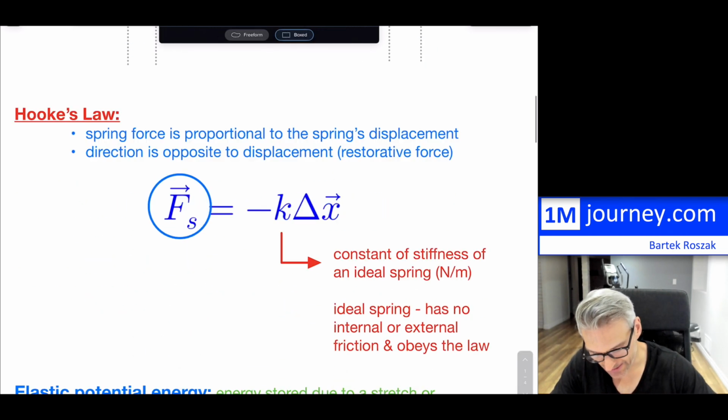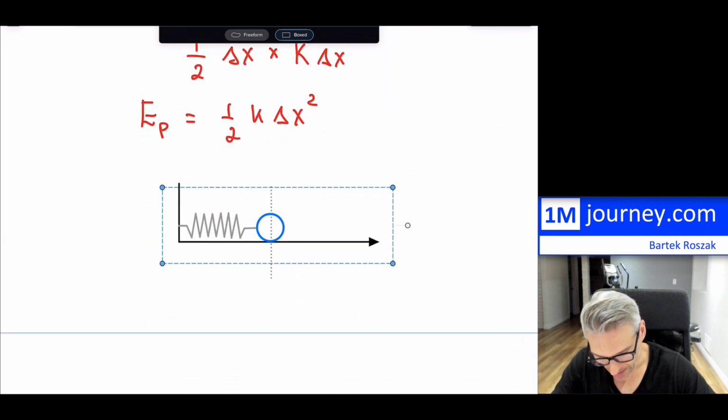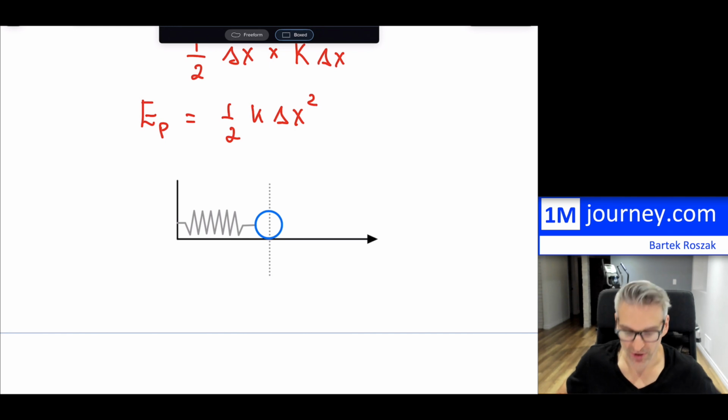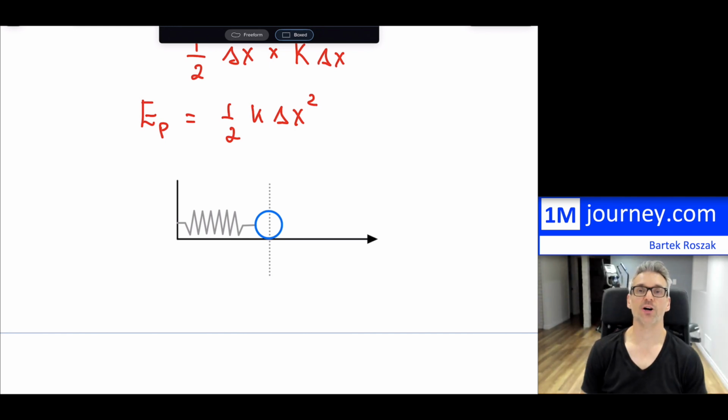Let's bring it back down. Now we're assuming that it's ideal, so there are no losses in terms of friction, no transfer into thermal energy or heat.